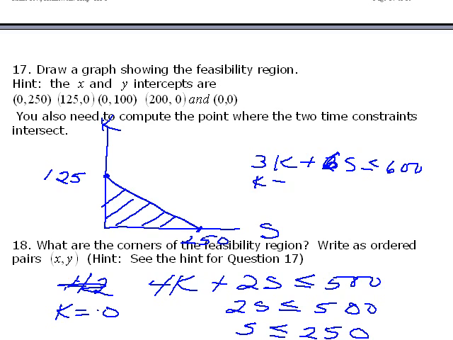You set k equal to 0 and find s, which is 100, and then you set s equal to 0 and you find k. And then you connect those 2 points. As long as you stay less than this line, you've satisfied Charlie's constraint.